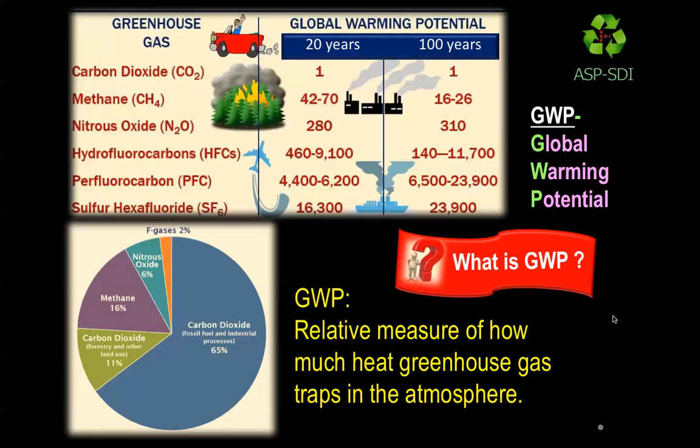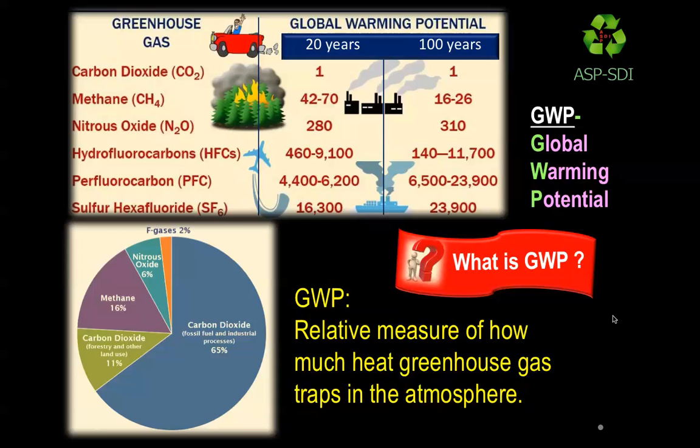Because it gets dissolved in about 12 years, carbon dioxide mitigation comes into the picture. Also, in the pie chart we see, carbon dioxide comes to about 65%, and all the other greenhouse gases make up the rest.